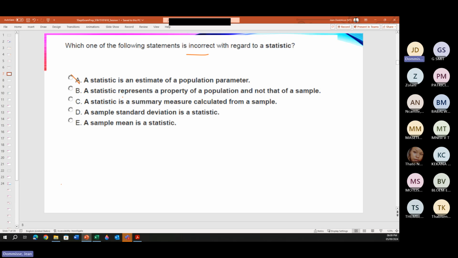A statistic represents a property of population. So I always said, okay, statistics goes with sample. So here, statistic represents a property of a population is incorrect. It should be of sample.